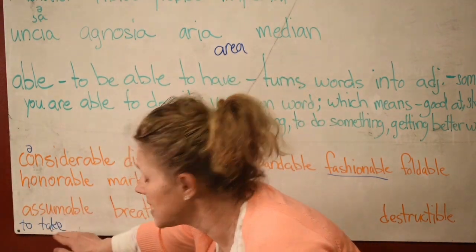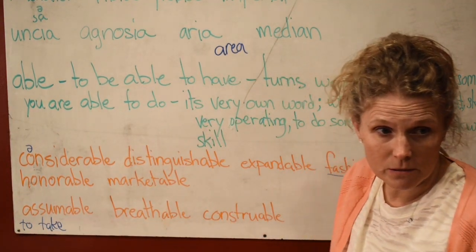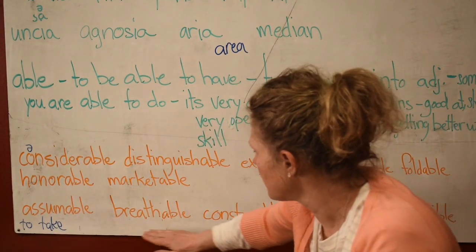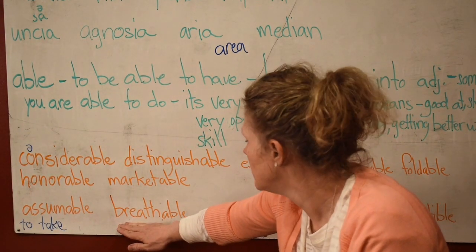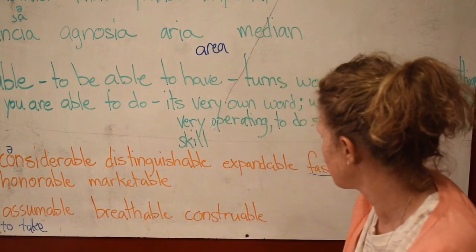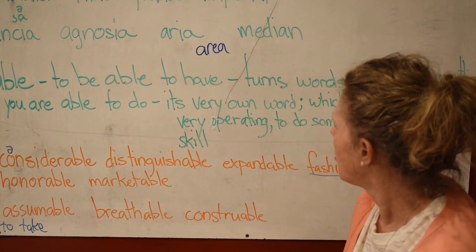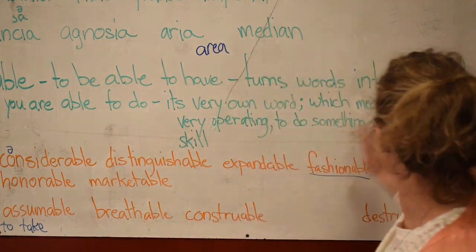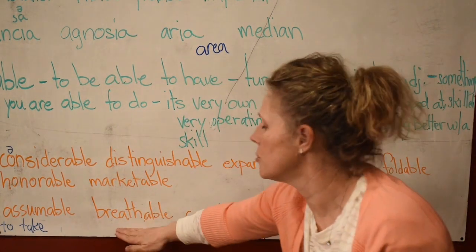You're able to just take it. You're assuming. Okay, breathable. Your breath. You're able to breathe. Okay? What are you able to do? You're able to breathe. Something you are able to do.